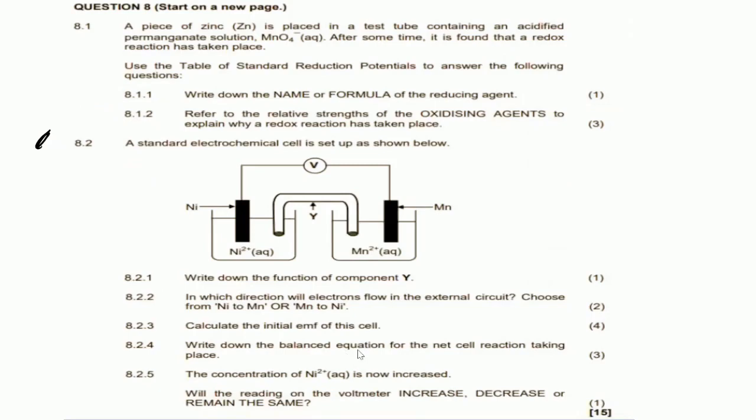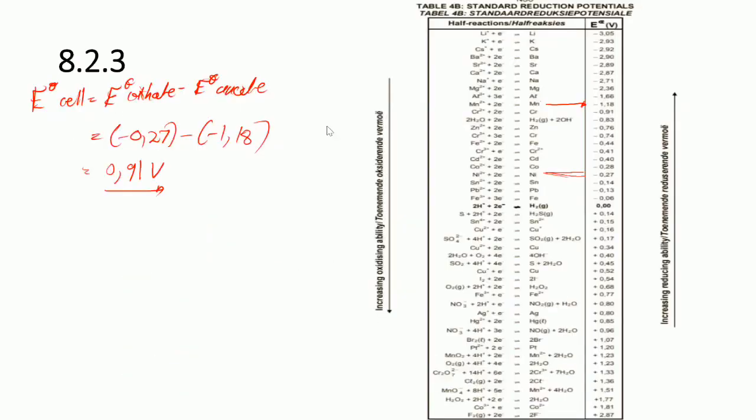8.2.4 says write down the balanced equation for the net cell reaction taking place, for 3 marks. Now, for the net cell, let's start with the oxidation half. We already identified that our anode is this one. But note, whenever you are writing the oxidation half, you need to inverse this.